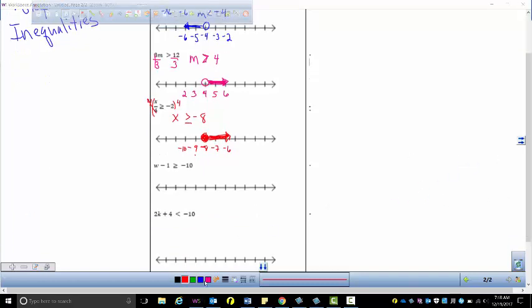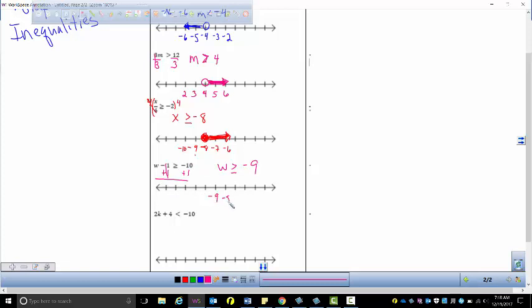Okay, let's try the next one. w minus 1 is greater than or equal to negative 10. So that's plus 1 and plus 1. Those cancel. So w is greater than or equal to negative 9, because the signs are different, so I have to subtract. I'm going to put negative 9 in the middle.